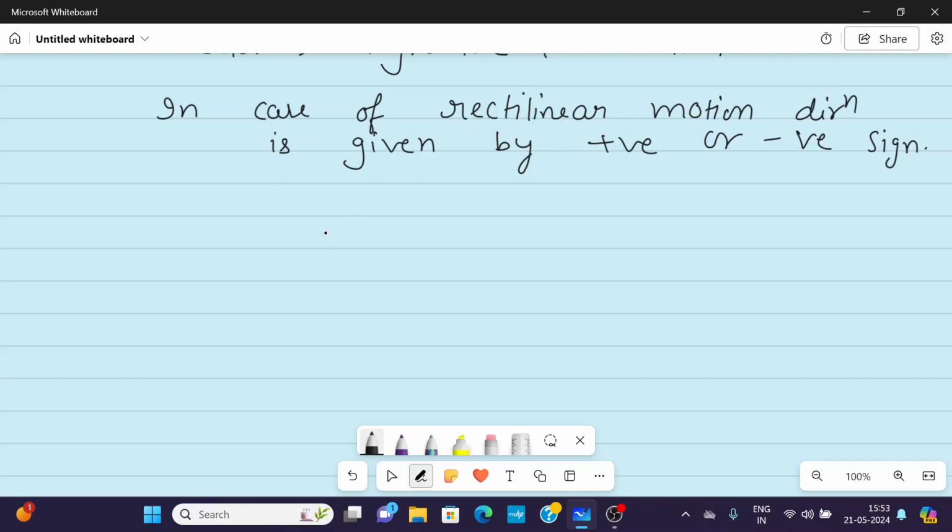To understand this concept clearly, let us consider an example of a car which is moving along a straight line.